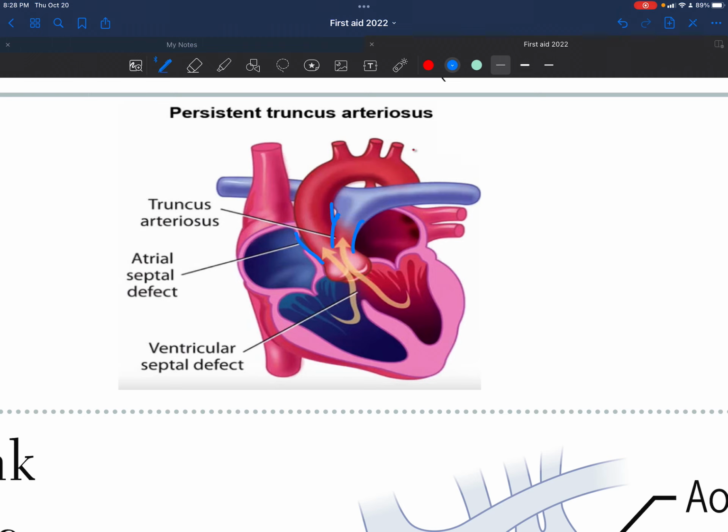They're supposed to come from a common place, called the truncus arteriosus. In this case, it persists and does not divide into two parts.